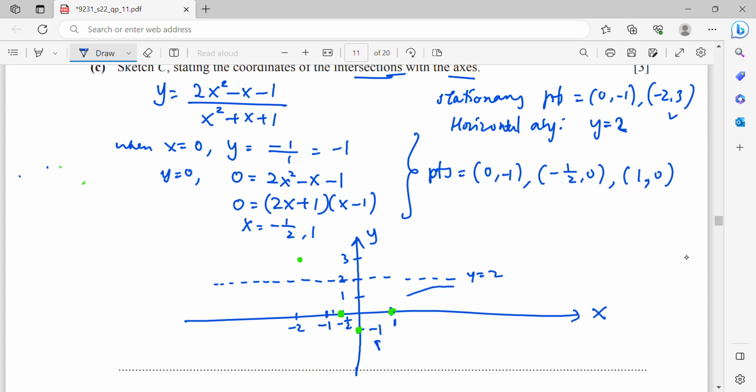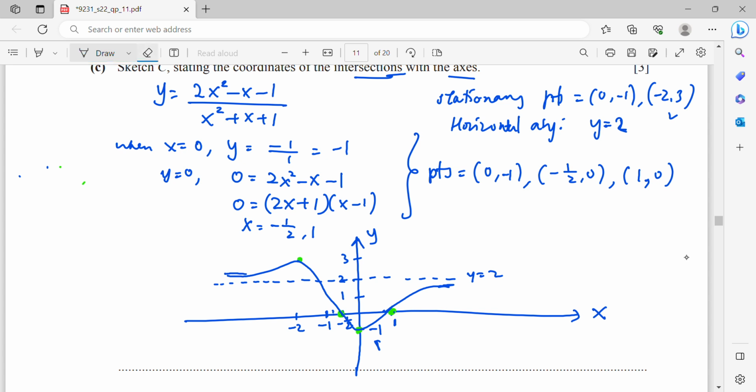So my graph will be like this. And this point, minus 2, 3, is going to be a maximum point.